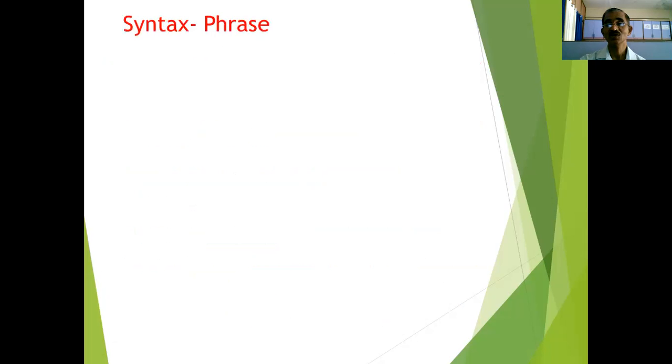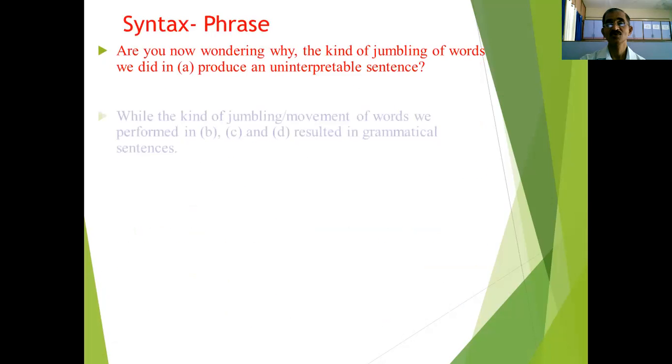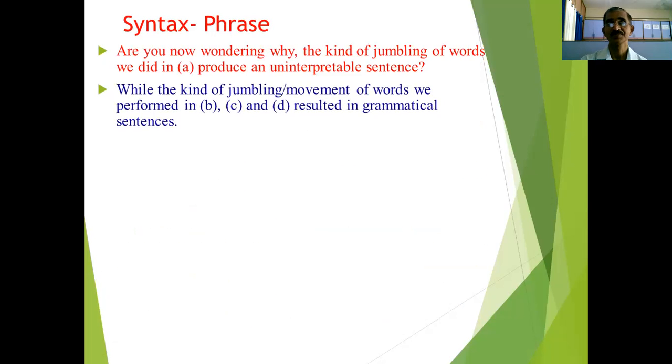Are you wondering why the kind of jumbling of words we did in the first example produced an uninterpretable sentence? It is impossible to interpret or analyze because it is ungrammatical. We don't have the meaning of that sentence.